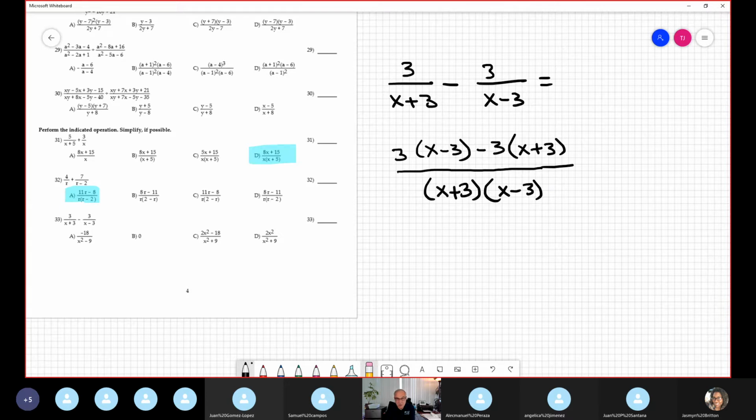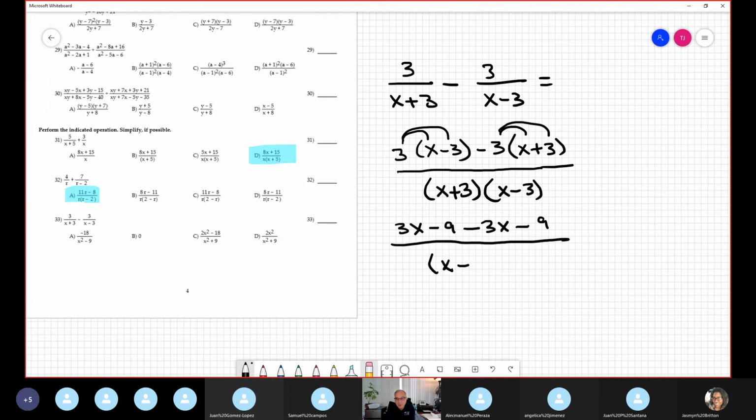No, of course no. We can apply the distributive property and we combine later. 3x minus 9 minus 3x minus 9 divided by x plus 3 times x minus 3. Well, this is minus 18 over x plus 3 times x minus 3. Okay. You can leave it like that.